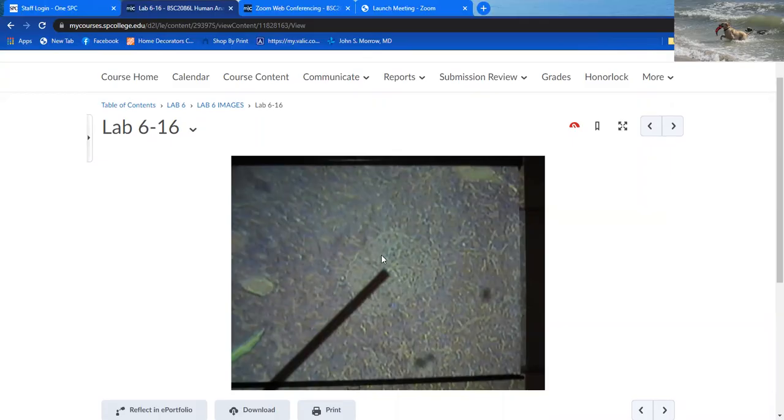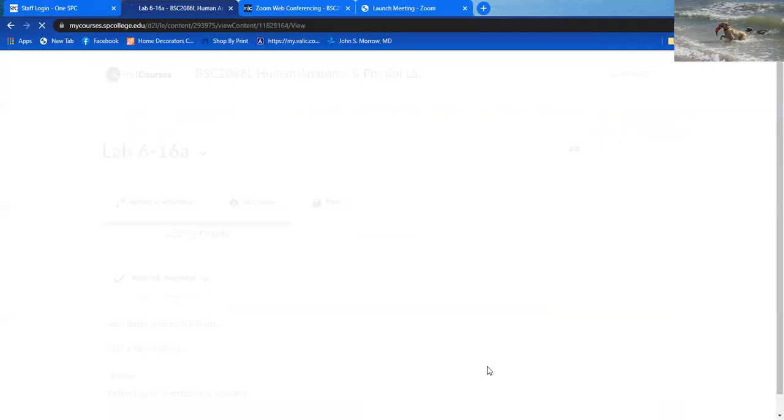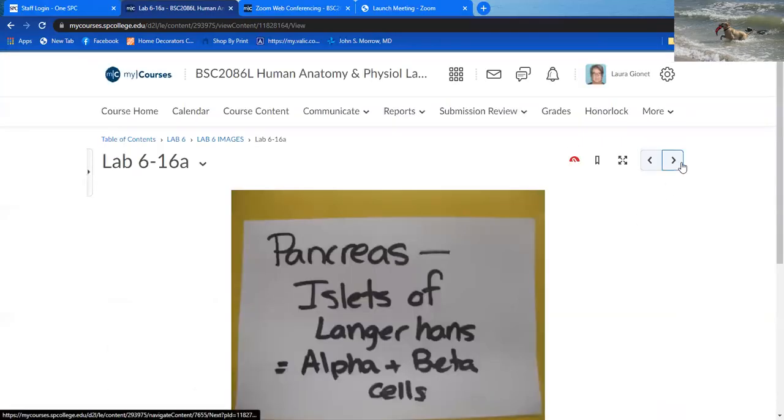I think it's an older slide, but generally those islets of Langerhans are pretty pale. And when you magnify them to about high power, you lose a lot of the resolution. So low power is sometimes the best magnification to use. It also depends on how old the slide is, if it's kind of bleached out or not. But that represents the islets of Langerhans, where you find alpha and beta cells.